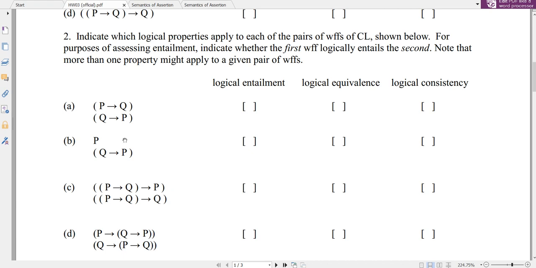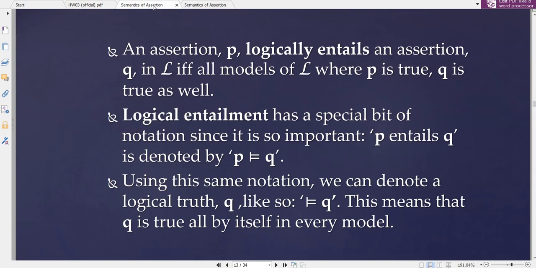I think this is a good example of when entailment holds. Look at this slide again. Whenever P is true, is Q true as well?